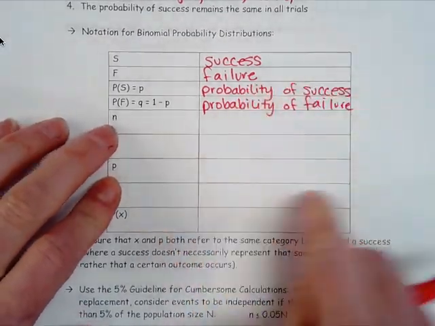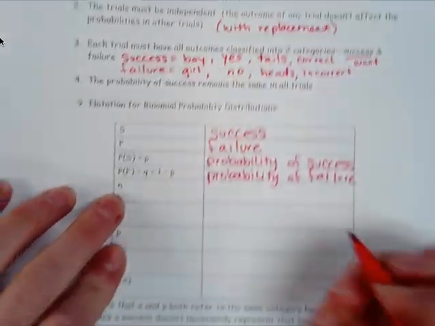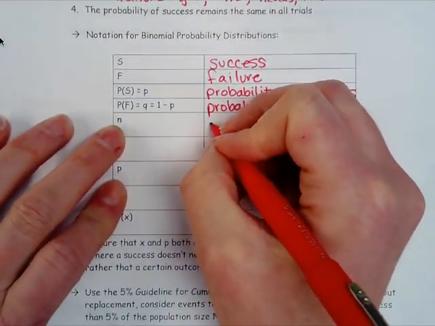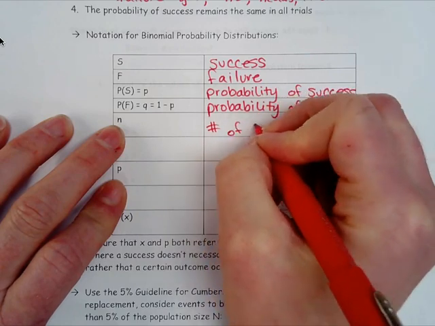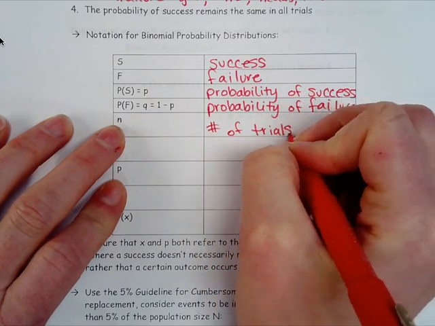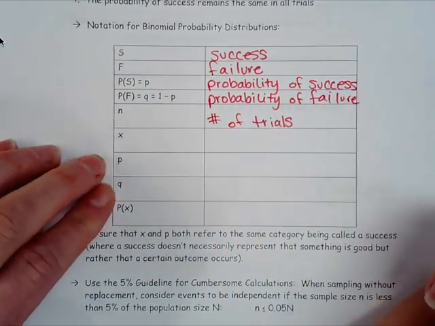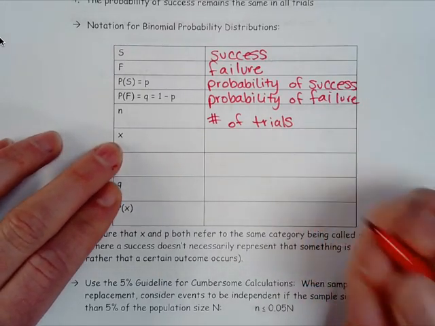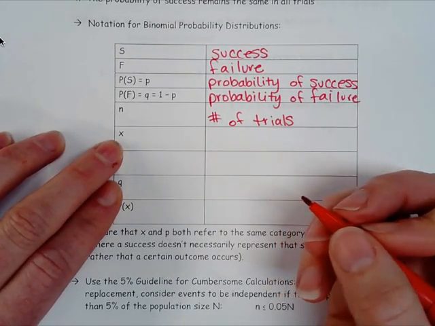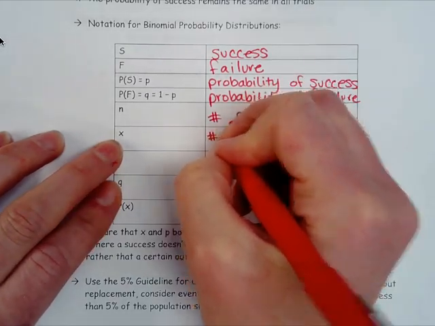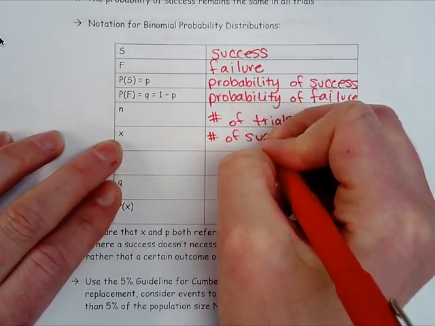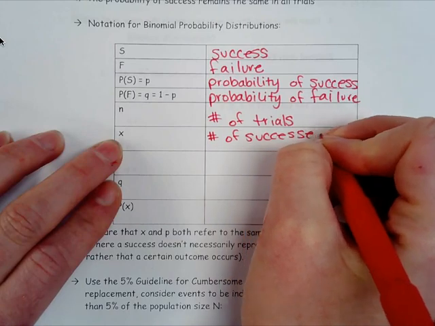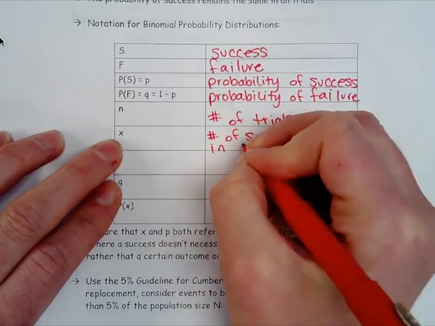N is what we talked about a minute ago, your number of trials. X is how many successes you want out of all the trials, the number of successes in the trials.